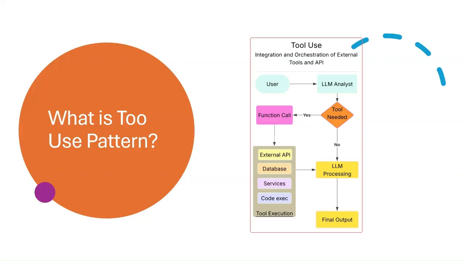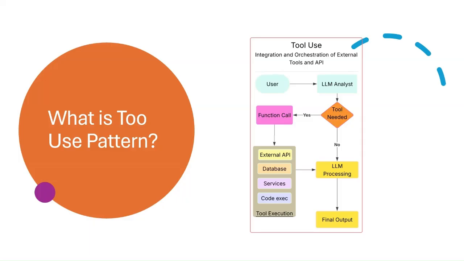Most likely, in most cases, we have business logic, which is very specific to the business user or business use case, which is part of the tool calls, and the entire agent will comply with that. The agent analyzes the request, determines if a tool is needed, invokes the appropriate capability, processes the returned results, and delivers a meaningful response or action. This transforms an LLM from a knowledge based assistant into an intelligent system capable of interacting with real world systems and any specific business process or business need.